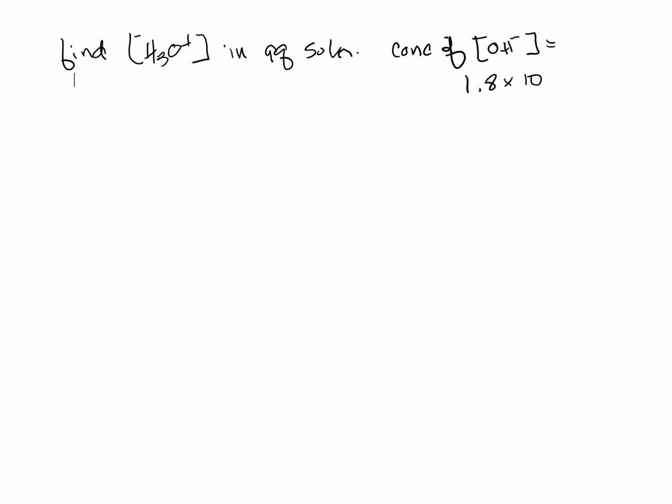is find the concentration of hydronium in an aqueous solution, and where we know the concentration of hydroxide is, let's see, 1.8 times 10 to the negative 5th moles per liter, or that could just be written as molarity.